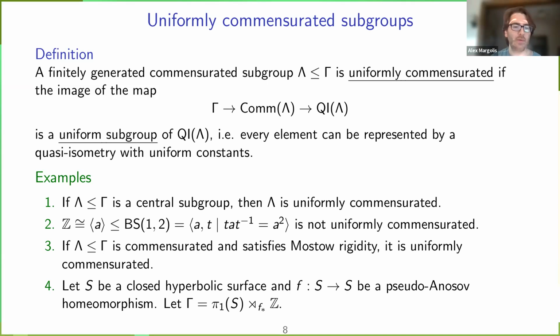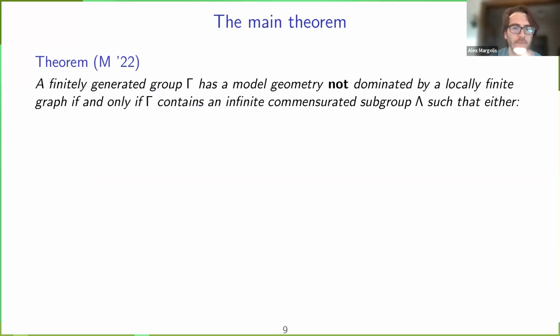Okay, and now we can come to the punchline. Using all of these terms, we can give a precise answer to the problem I stated earlier in the talk. A finitely generated group gamma has a model geometry which is not dominated by a locally finite graph precisely when the following holds.